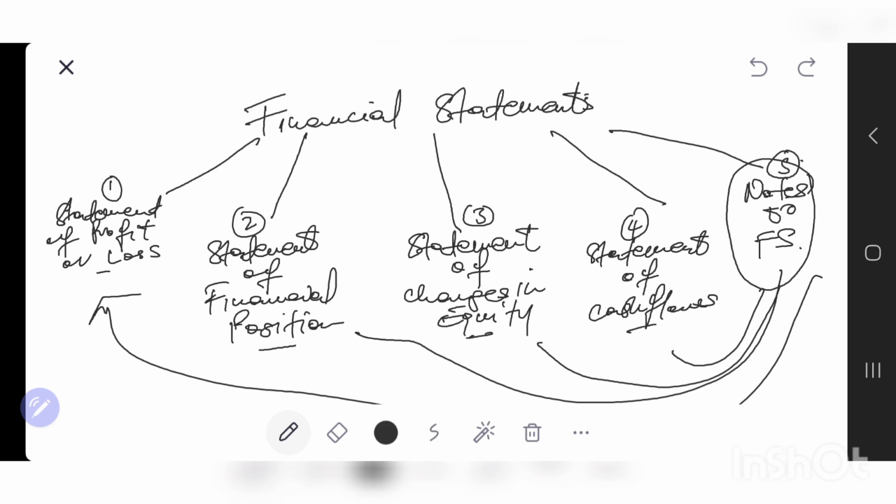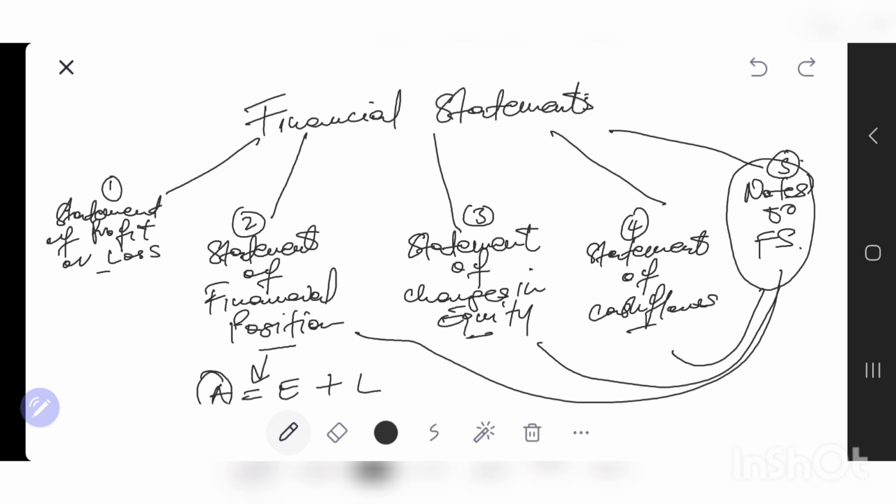And then the statement of financial position is linked. So the statement of financial position is linked to what? It is linked to the accounting equation. It tells us how many assets we have as the business, and how these assets were funded.